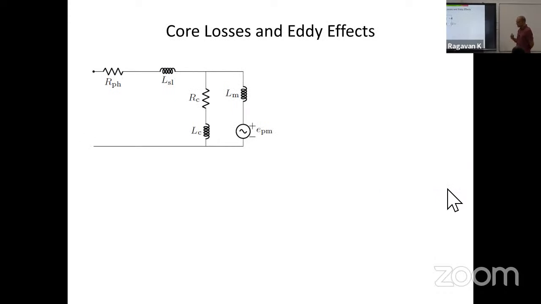Okay, how about another example related to core loss and eddy effects? Let me explain this using a PMSM circuit. Let's say I have a permanent magnet machine on a test bench, and I'm measuring its back EMF and going to very high speeds, right?